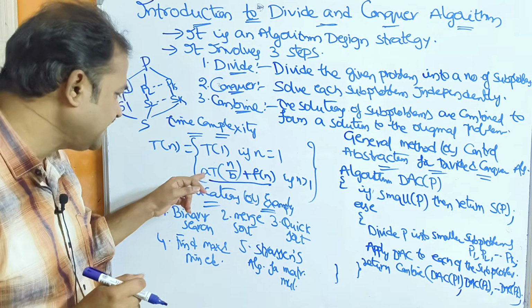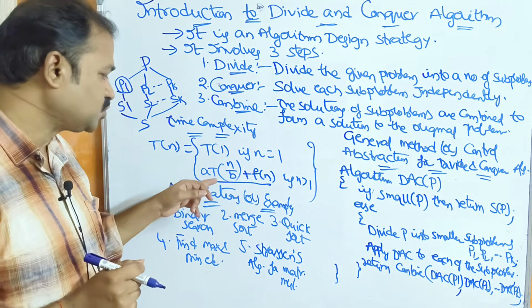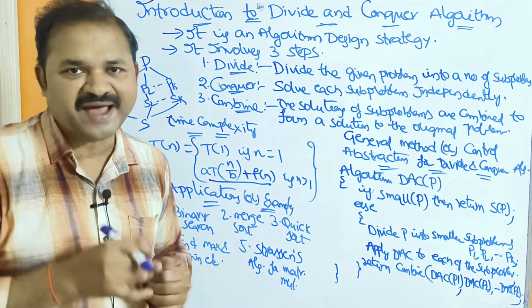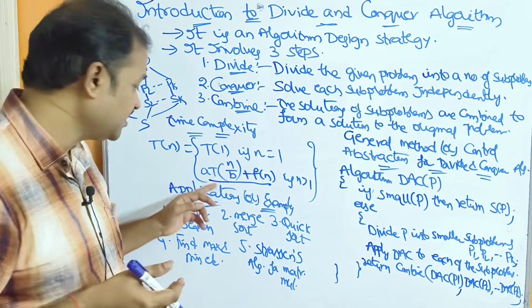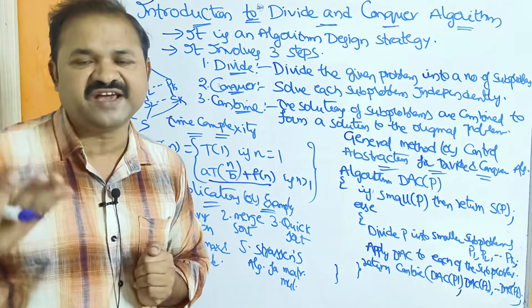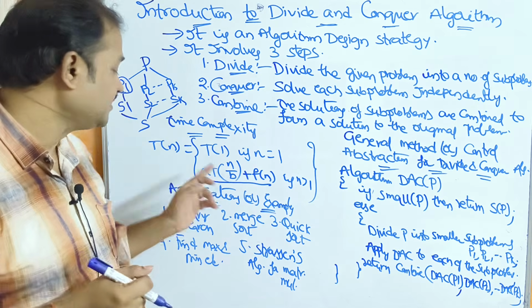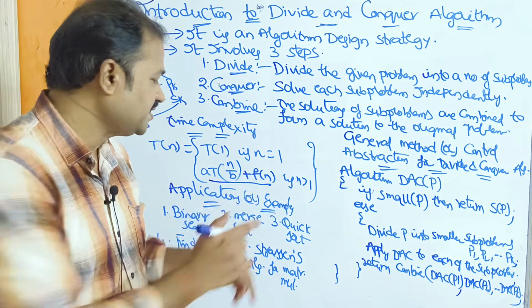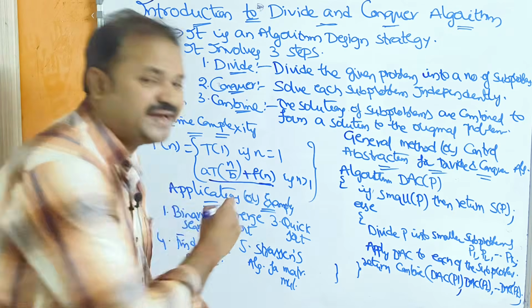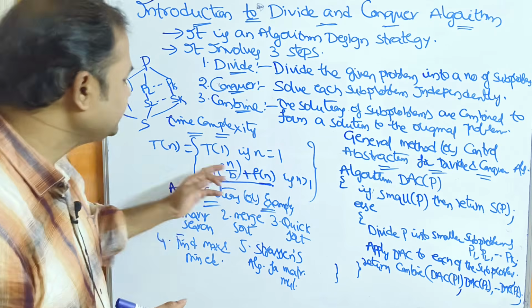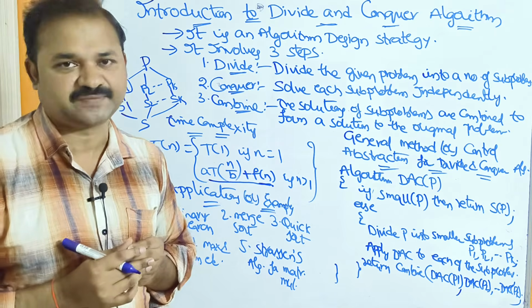So here a T of n by b, where a and b are some constants. When we use binary search, the a value is 1 and the b value is 2, whereas when we use merge sort, the a value is 2 and the b value is 2. Plus f of n, where f of n is for combining. If n is greater than 1, then this is the recurrence relation.